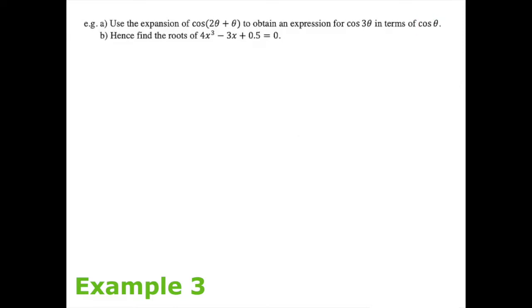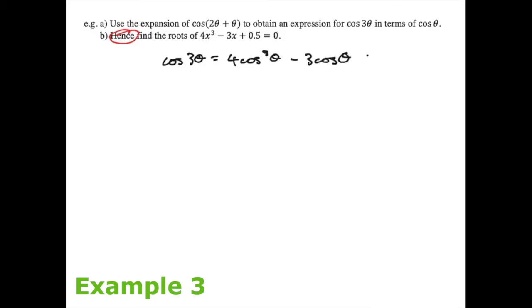Okay, second half of this question says, hence find the roots of 4x cubed minus 3x plus a half equals 0. When we see that keyword hence, we know we should be using what we just found. And what we just found was cosine 3 theta is the same as 4 cosine cubed theta minus 3 cosine theta.